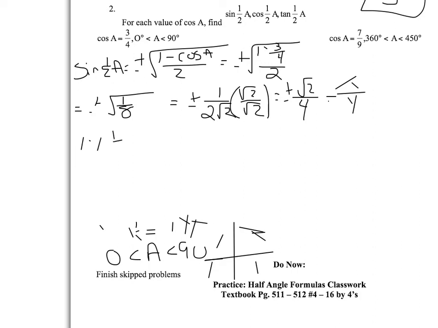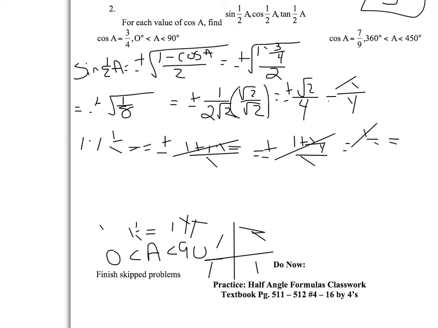Same idea for cos 1/2 A. Plus or minus the square root of 1 plus cos A over 2. So it's going to be 1 plus 3/4 over 2, which is the square root of 7/8, plus or minus.